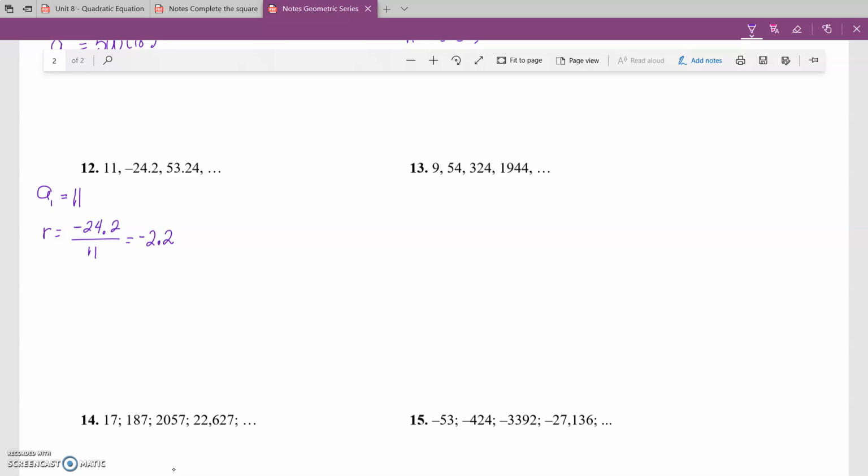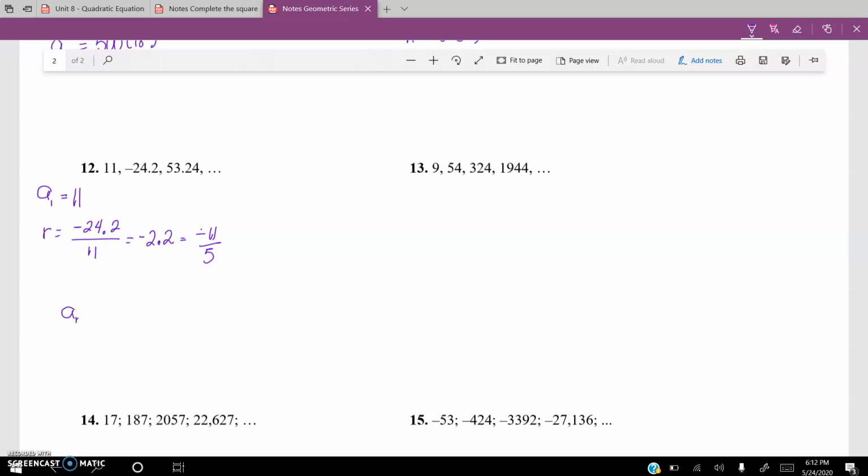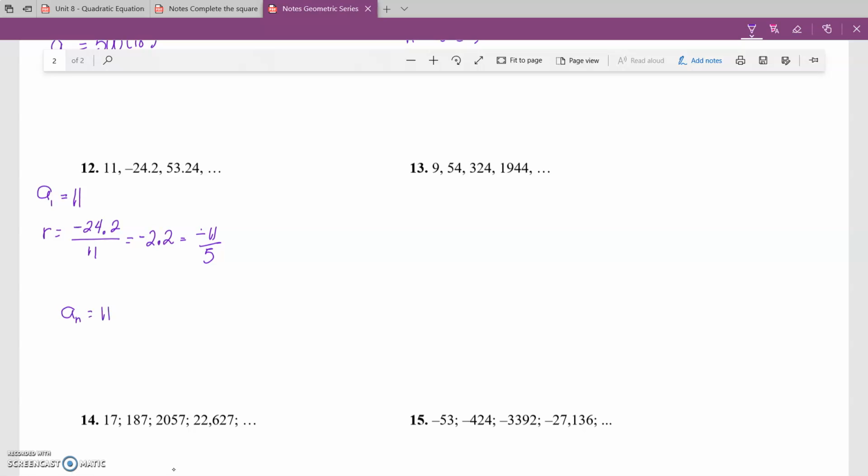And you can leave it as negative 2.2 because it ends. But I like fractions. So I have negative 5/2. Not 5/2. Let's see if Ms. Markle can convert a fraction. 1/5, so 11/5. There we go. How about negative 11/5? So my formula, an, is my first term, 11, negative 11/5 to n minus 1.